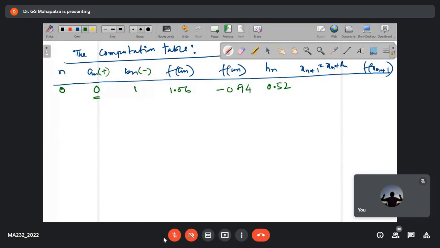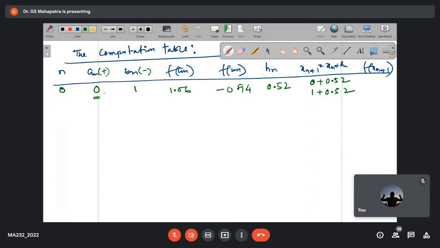If you say your root lies between 0 and 1, then if you consider B0, X1 will be 1 plus 0.52. I will explain both.